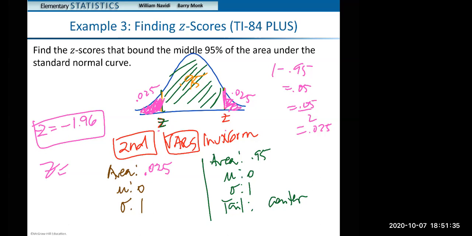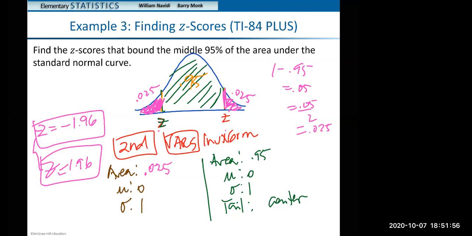Negative 1.96 is negative, and since it's in the middle, it's the same on the positive side. It's also 1.96. So those are the two answers. And that's what they got for those with a tail.